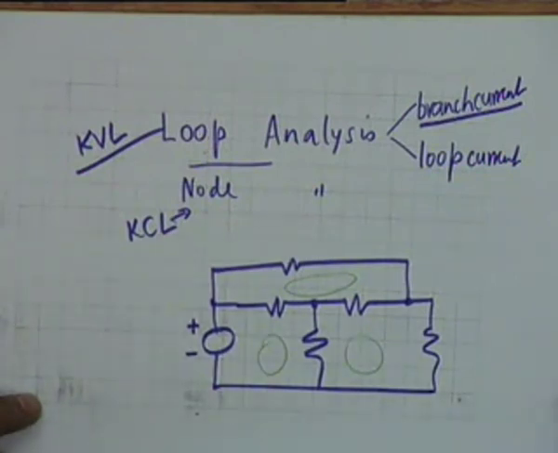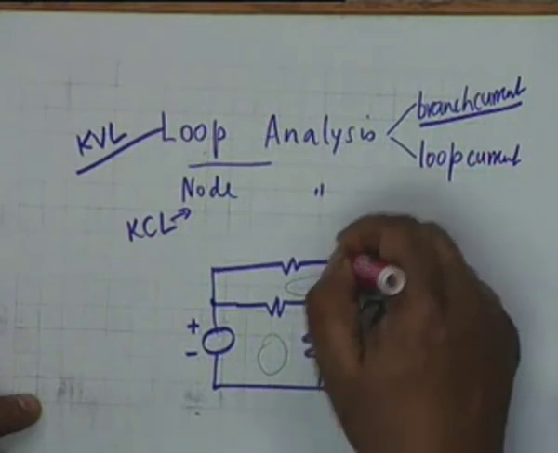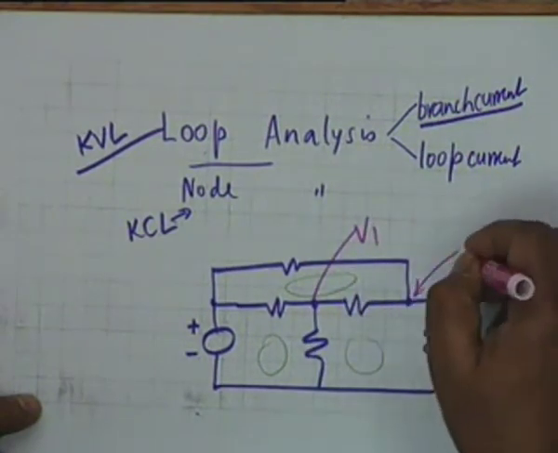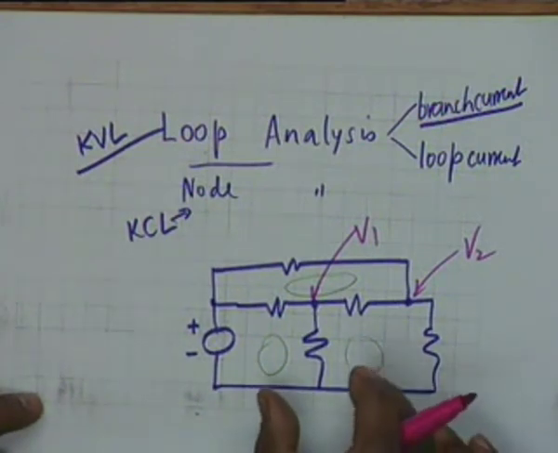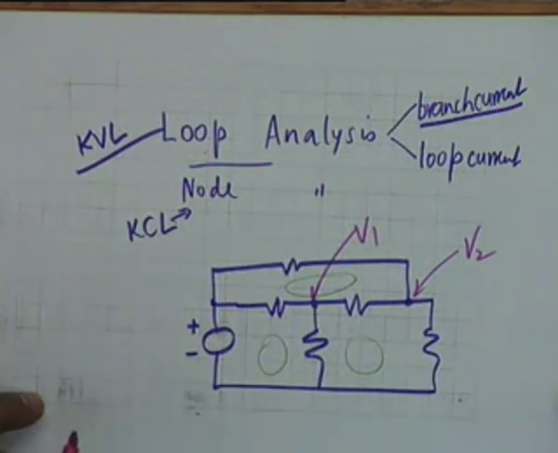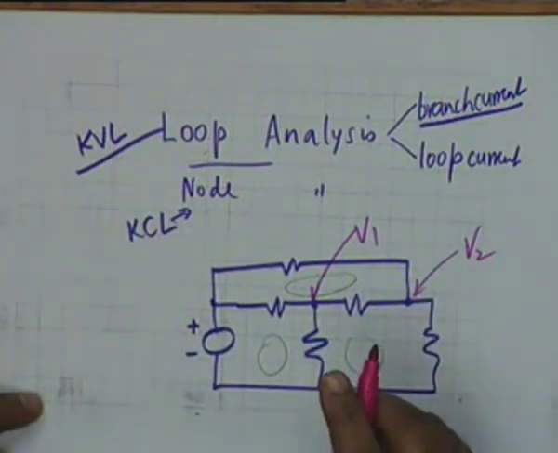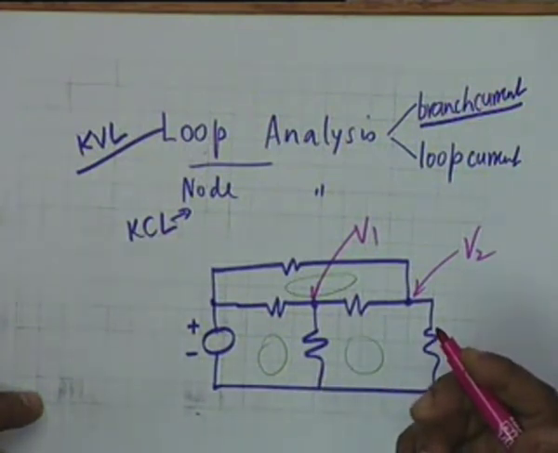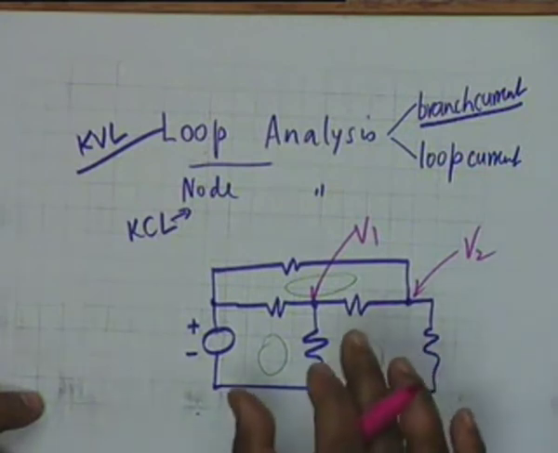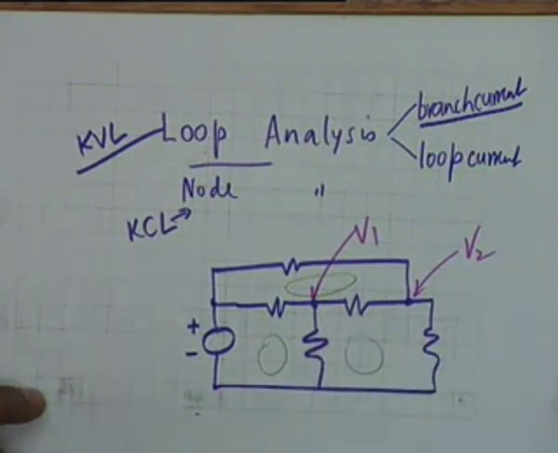On the other hand, if you take node analysis, then all that you have to do is to find these 2 node voltages, V1 and V2, and therefore one shall consist of a 3 by 3 determinant, and the other shall consist of 2 by 2. Obviously node analysis shall be preferable in this context, and this decision you have to make.